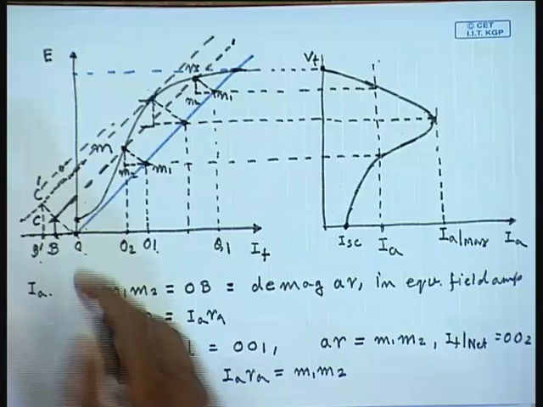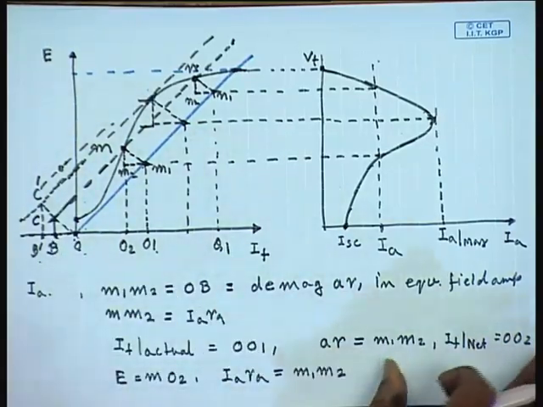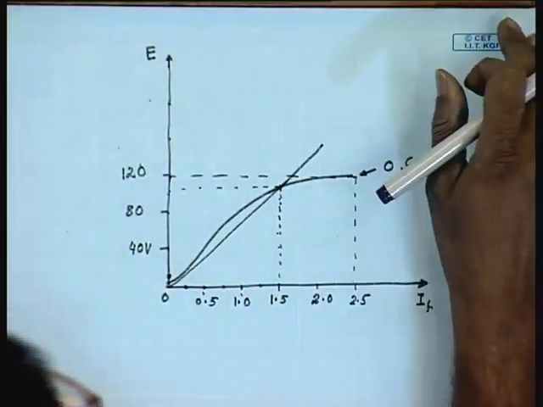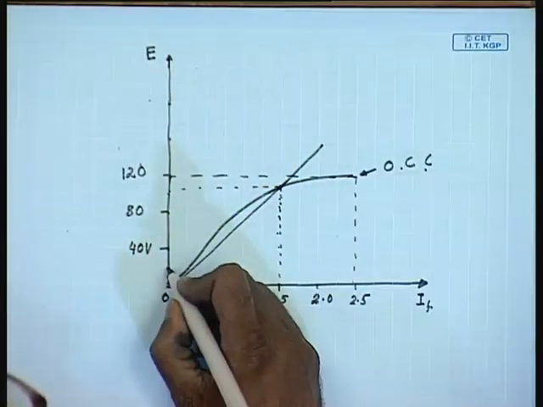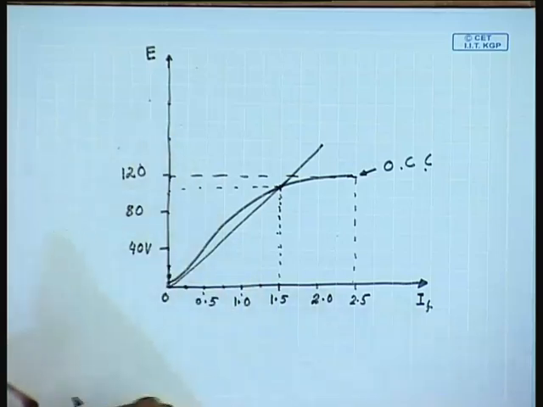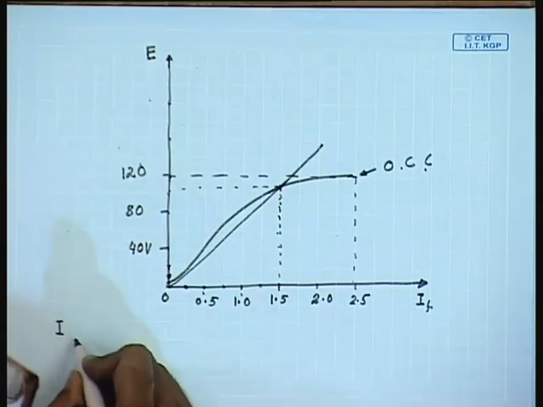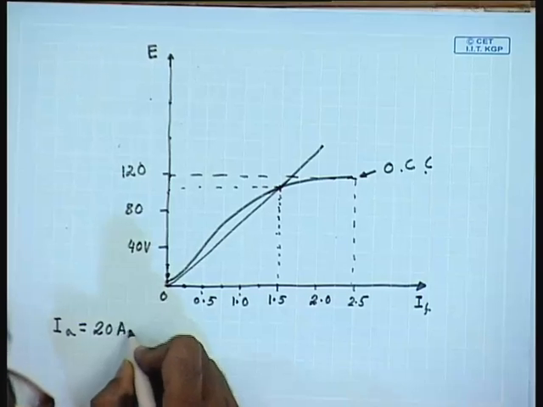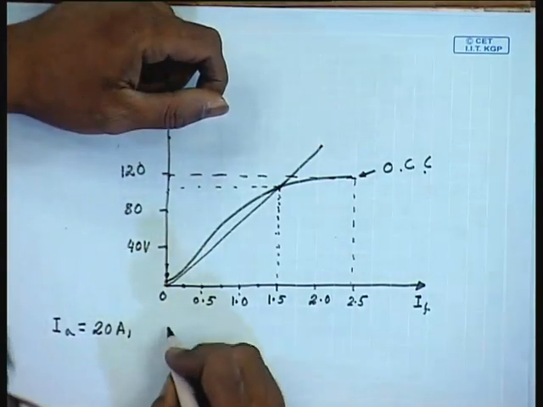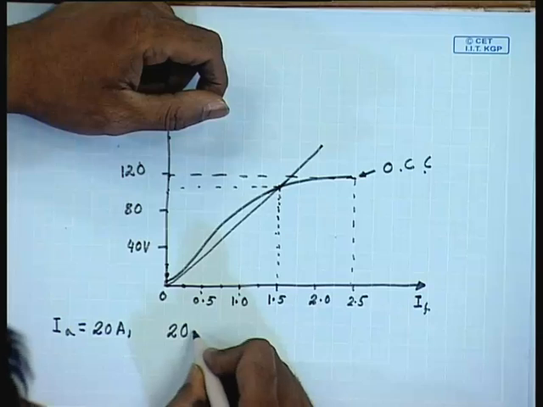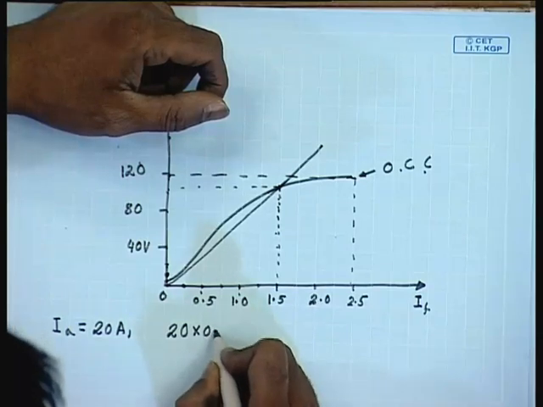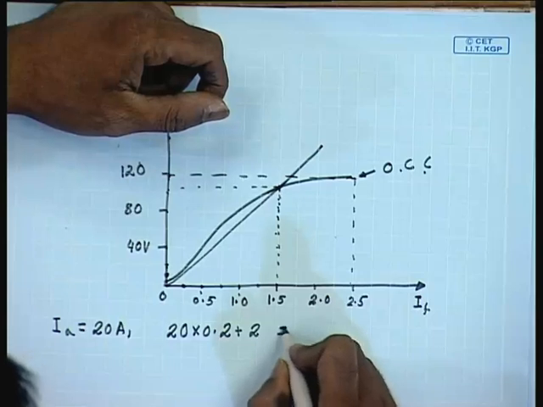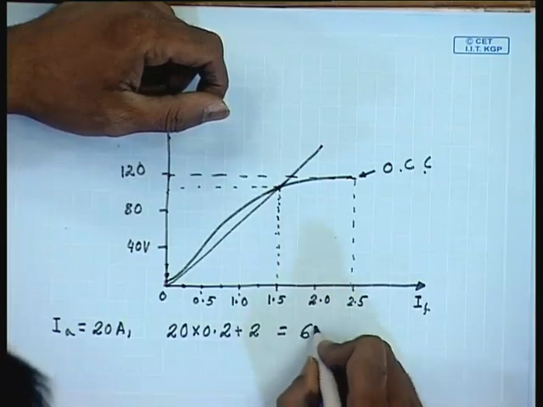in this diagram the length of this OB is 0. So, at any armature current we can draw a vertical line here, let us say for IA equal to 20 amperes. The total armature drop is 20 into 0.2 plus brush contact drop of 2 volts, this gives you 6 volts.